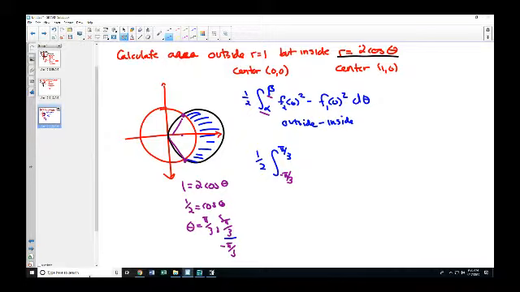Yeah, I told you that the key here is those points, the limits of integration. Okay, figuring those out. And then we can do outside minus inside. 2 cosine theta squared minus 1 squared. And then calculate that up.